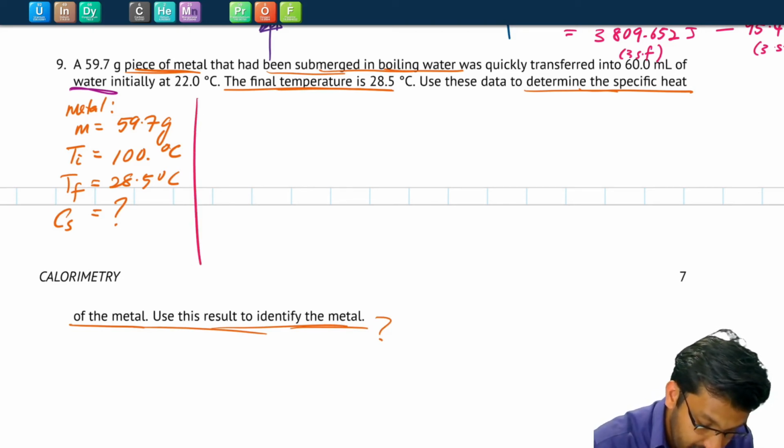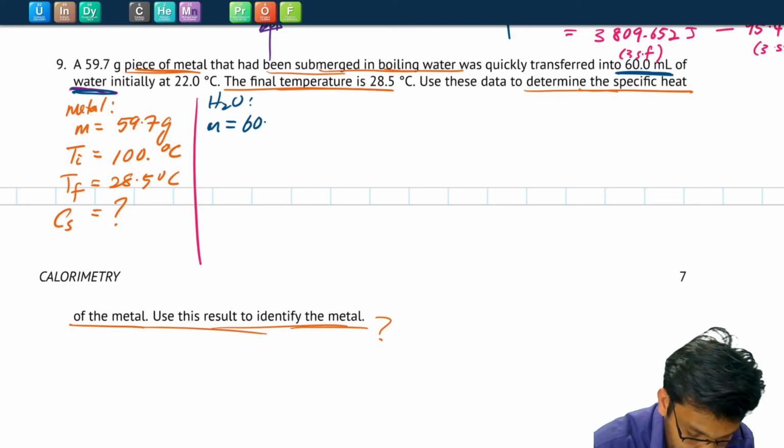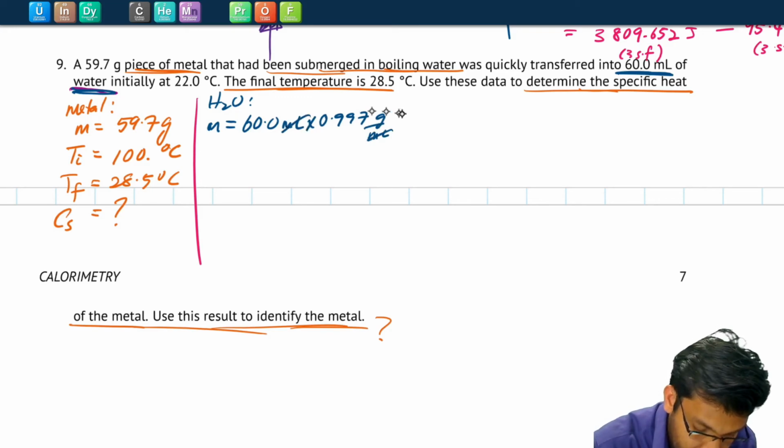We have the information from the water. So the water, H2O, the mass is, we don't know the mass, but they give us the volume as 60.0 mL. So let's find the mass by multiplying the volume by the density, and that will give us a mass of 59.82 grams to 3 sig figs.